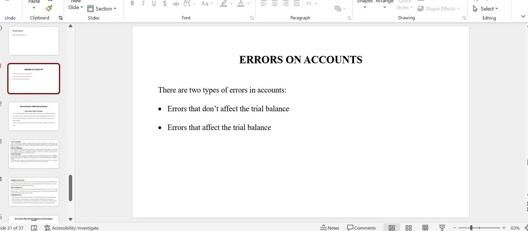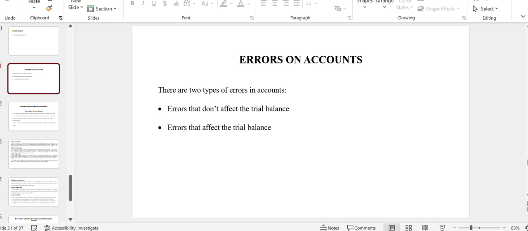But fraud, on the other hand, means it is committed with intention. For example, creative accounting, manipulating the books of account. Sometimes accountants manipulate the books of account, and this can be done either through understating revenue or overstating expenses to report less profit in order to pay less tax.